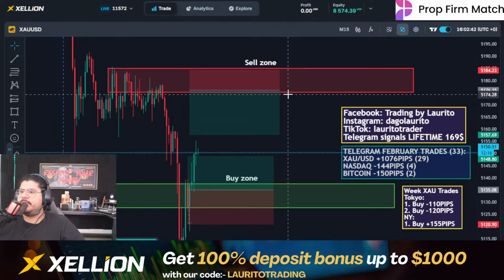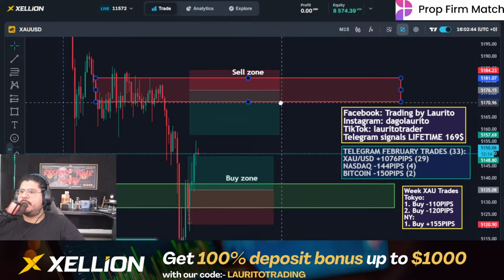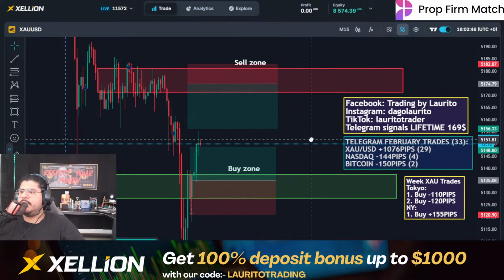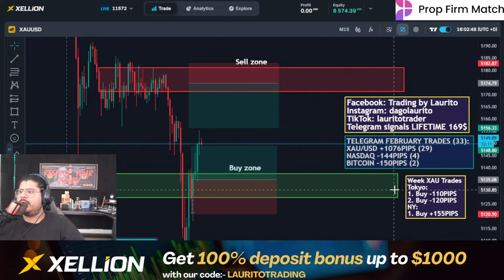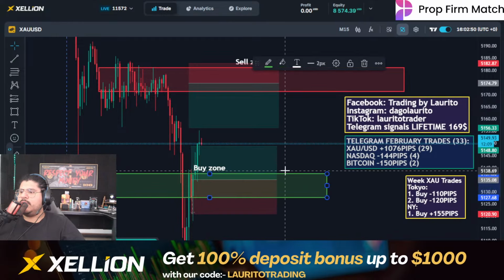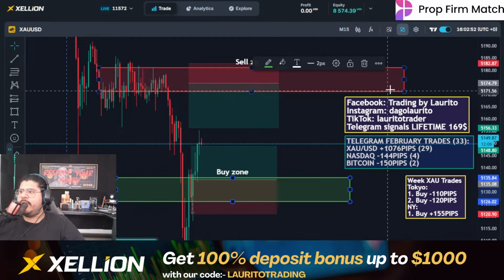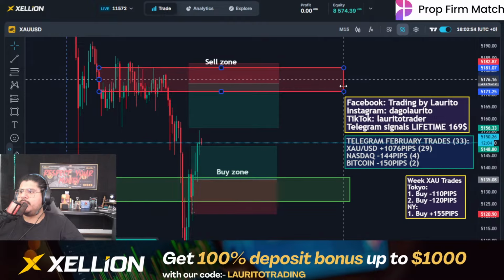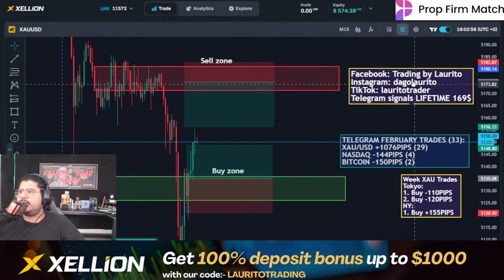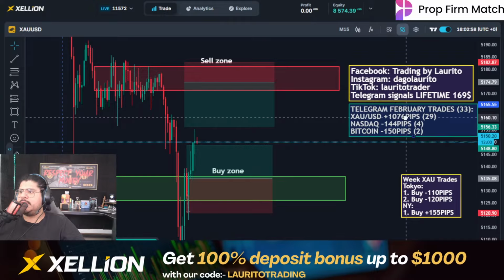So let's see what happens in both zones. In both zones, we need the confirmation. So today will be a day of pure patience.